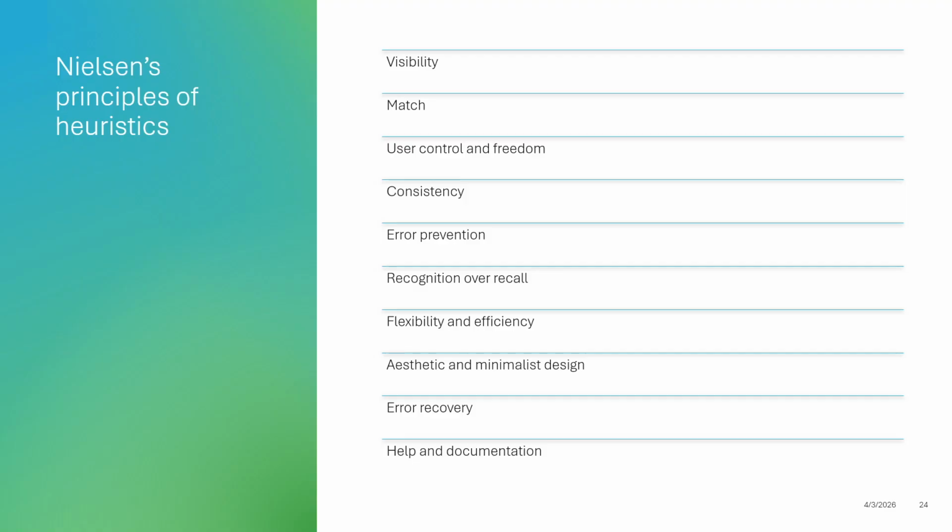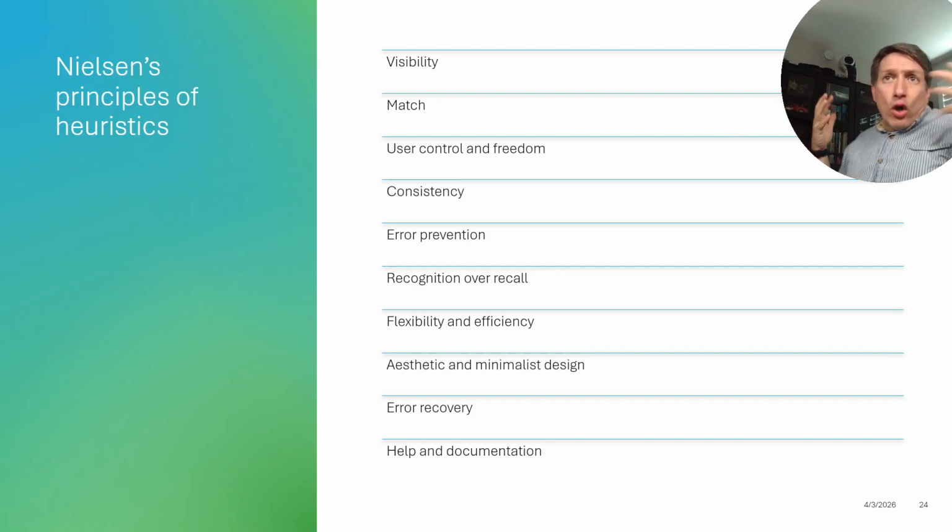Also, we want to support memory using recognition instead of recall. You don't want to ask for identifiers on a different screen from where you presented that identifier, because the user is going to have to write down that identifier to be able to recall it later. But if you have a way of recognizing, pulling it back, it is much easier for our memory system.